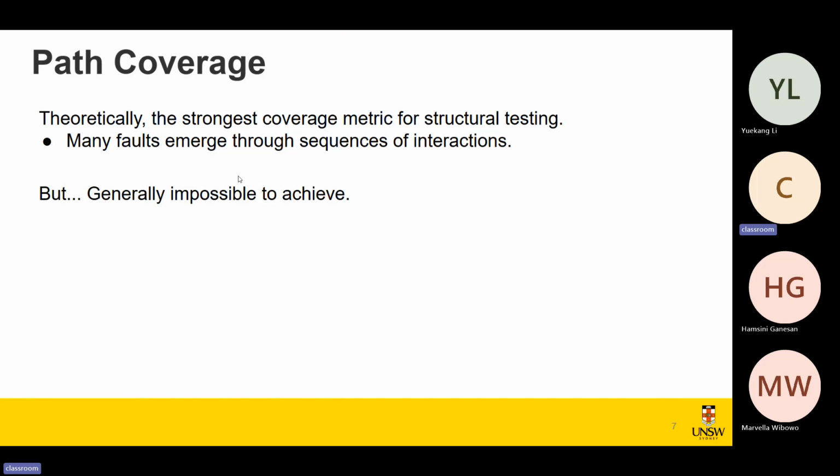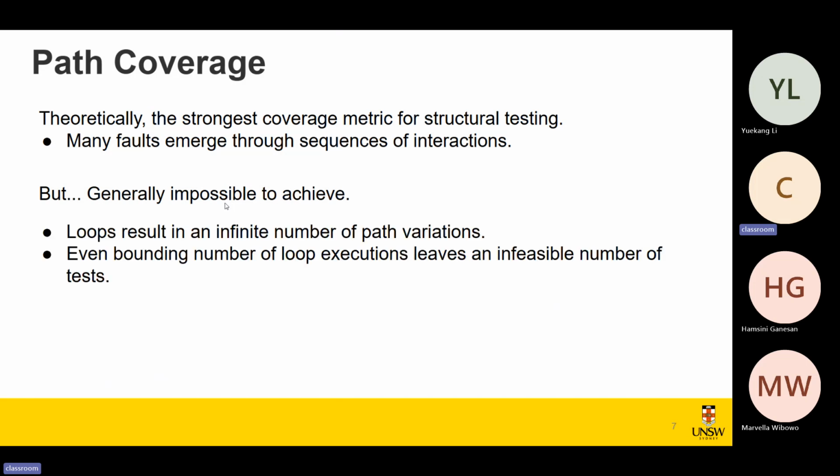However, as we have just seen, it is impossible to achieve 100% path coverage because loops can give us an infinite number of path variations. Each time we enter the loop, we get a new path. And even if we bound the number of loop executions, the number of potential paths could still be infeasible to exhaustively try out, because there could be branches inside loops.